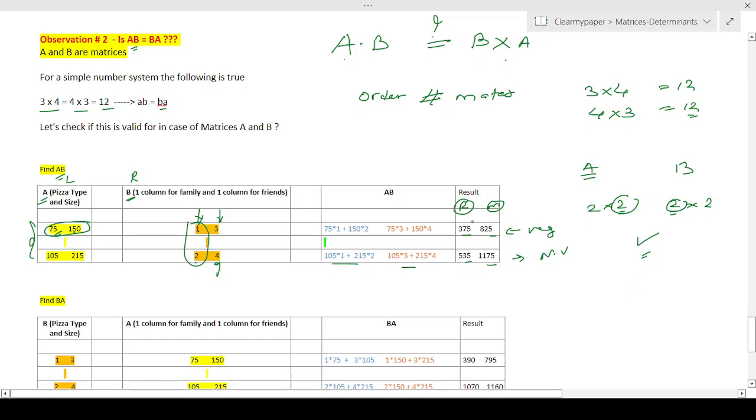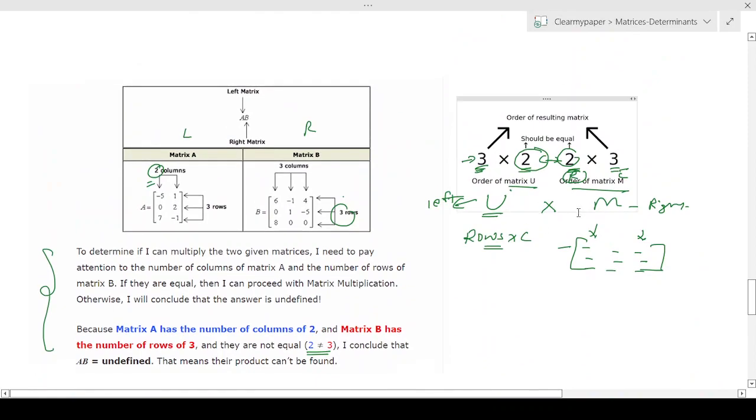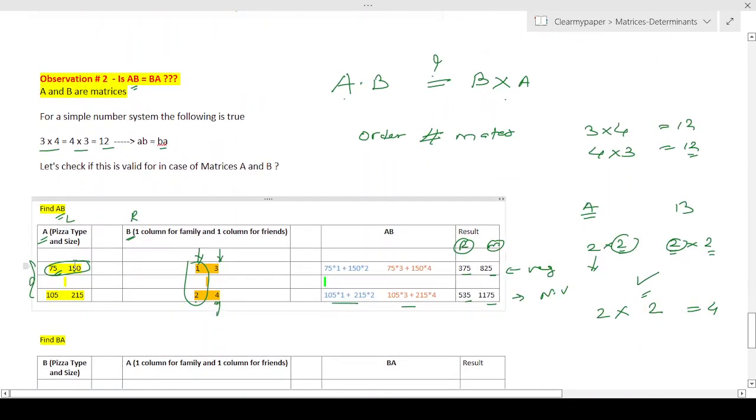The final matrix's rows and columns are determined by the leftover numbers: it will have 2 rows and 2 columns, so 2 by 2, total 4 elements, which validates what we discussed. Okay, now we have computed AB.